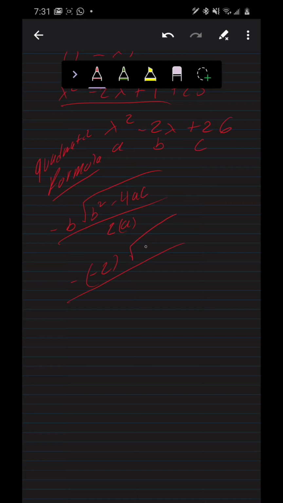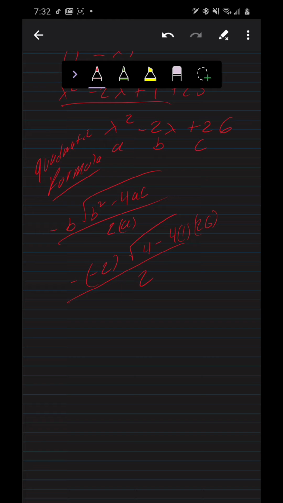And then it's going to be b squared, which is negative 2 squared, so it's 4, minus 4a, which is 1, times c, which is 26, and this is 2a, right there.